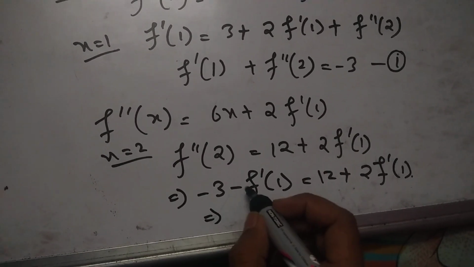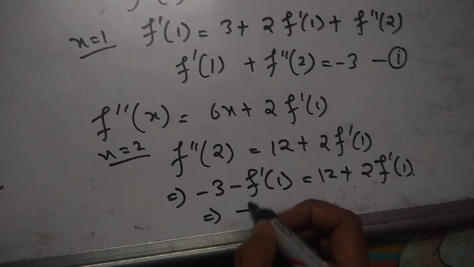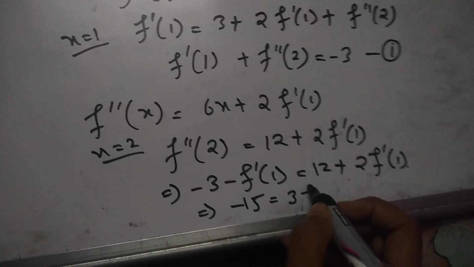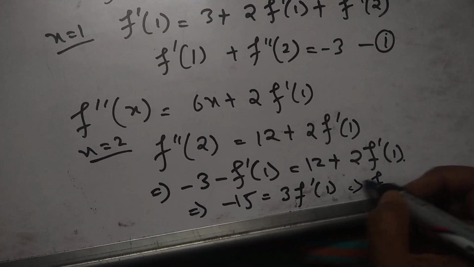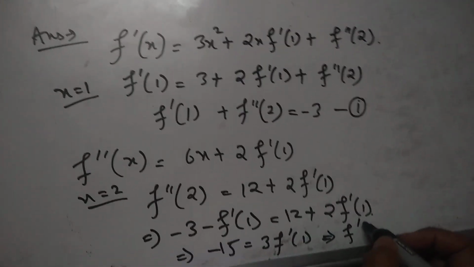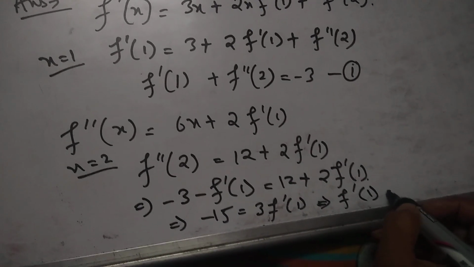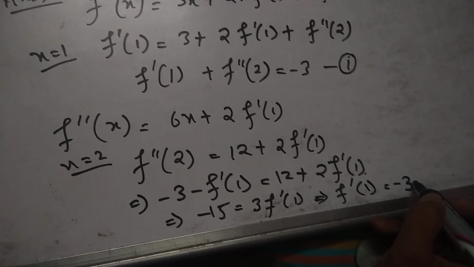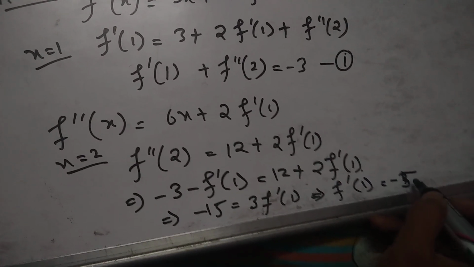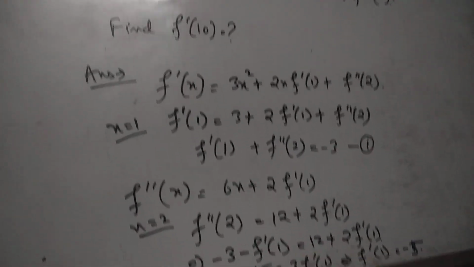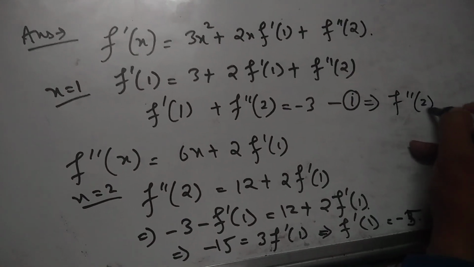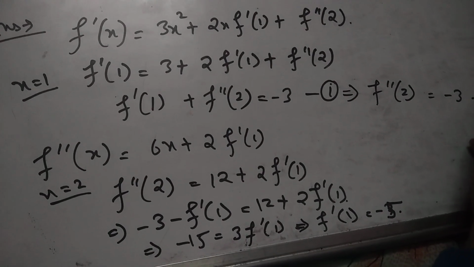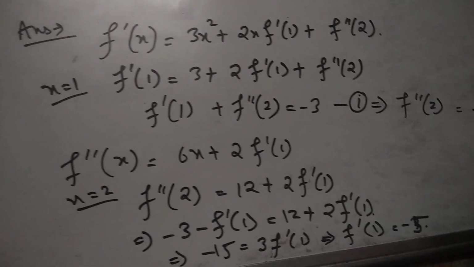Alright, take it to this side, this to this side. Minus 15 equal to 3 f'(1). So from there we get f'(1) is minus 5. Okay, and from here we get f''(2), which is minus 3 plus 5, which is 2.